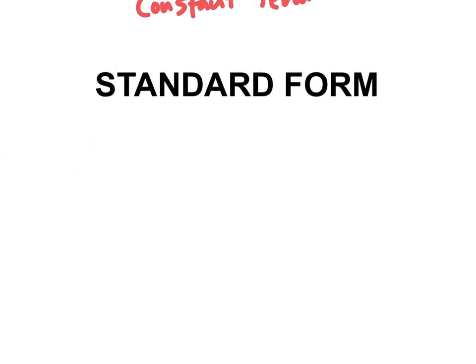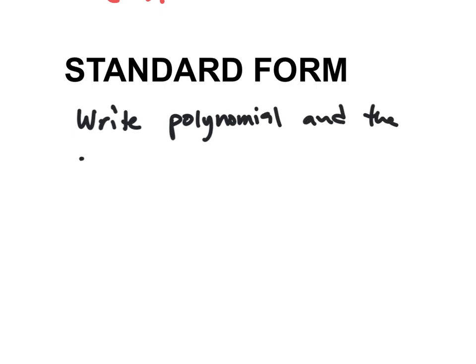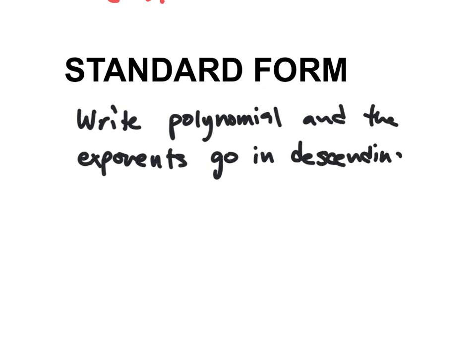All right, standard form is when you write your polynomial and the exponents go in descending order. So they get smaller.